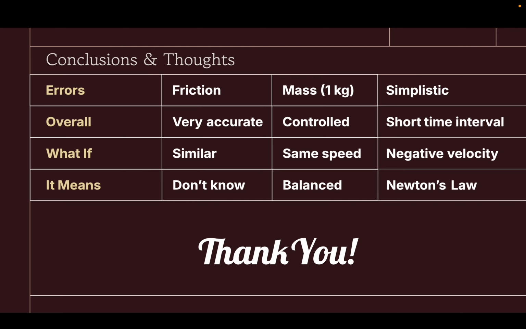All I know is that they were balanced because the net force was appearing to be zero. Because, based on Newton's law, the fact that the velocity wasn't changing means that the net force is zero. It means that there's no other force interacting with my car to make it stop moving at a constant velocity, if that makes sense.